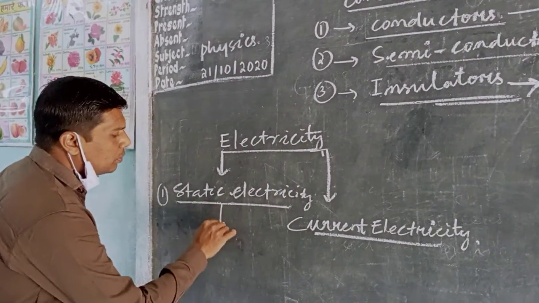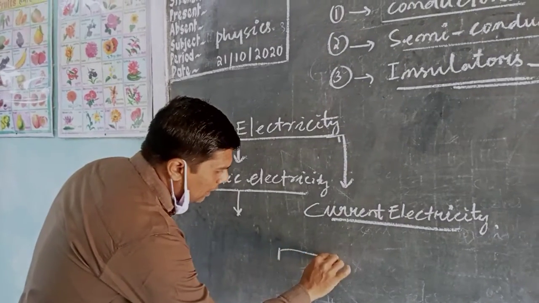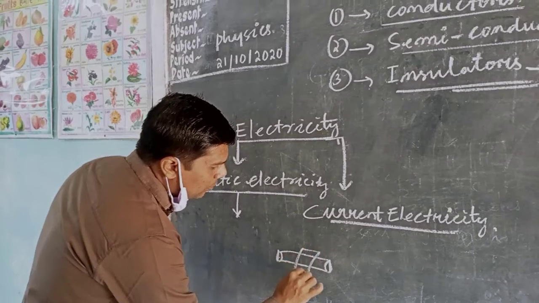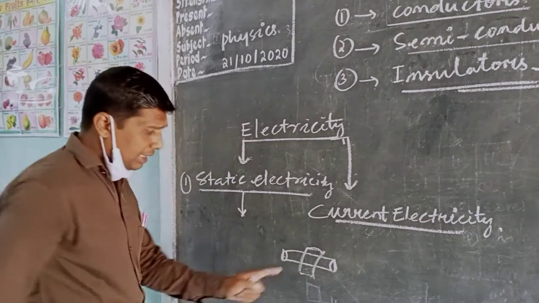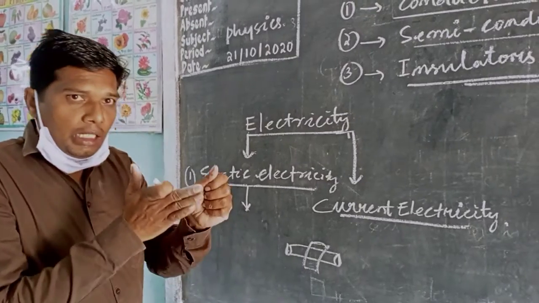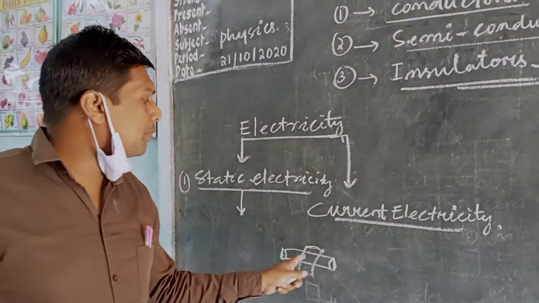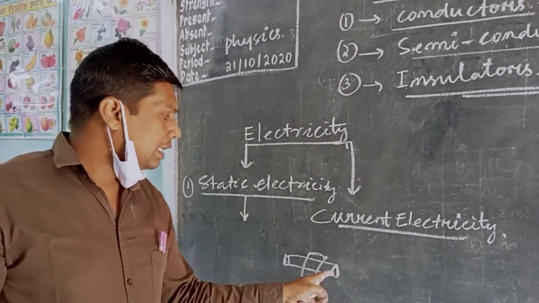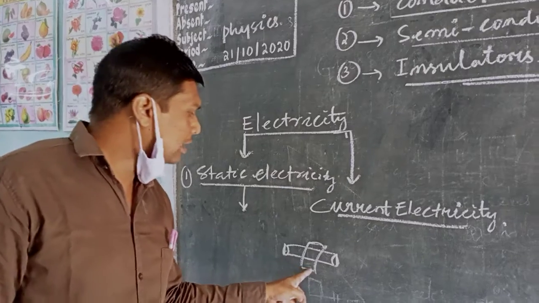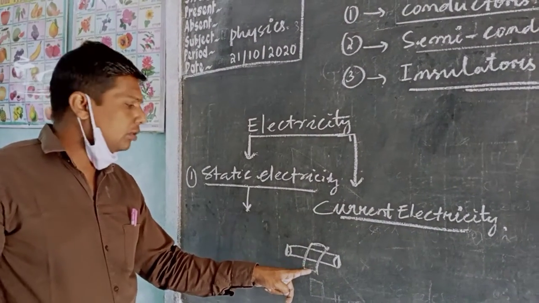Static electricity means what? Suppose we rub a glass rod with a silk cloth. In this case, charge can develop. When we rub the glass rod with a silk cloth, charge develops in both: in the glass rod and also in the silk.